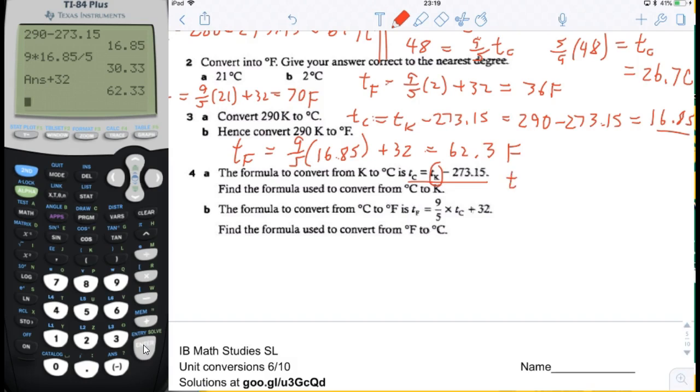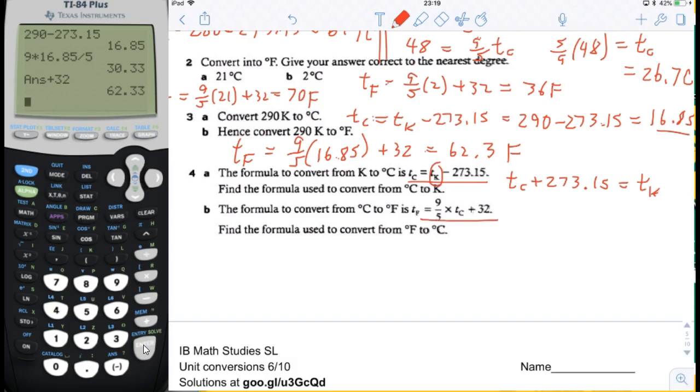So we'll get Tc plus 273.15 equals Tk. What happened to the negative 273.15 on the right side? It got canceled out because we added 273.15 to each side. And we're done.